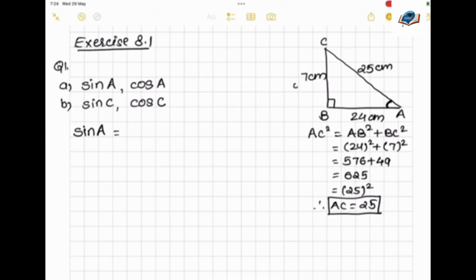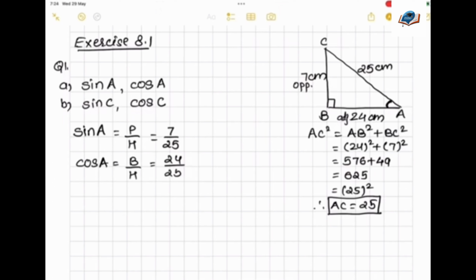Opposite side will be BC, adjacent side will be BA and hypotenuse will be 25. So P upon H, that is 7 upon 25. Now cos A will be base or adjacent upon hypotenuse, so that is 24 by 25.